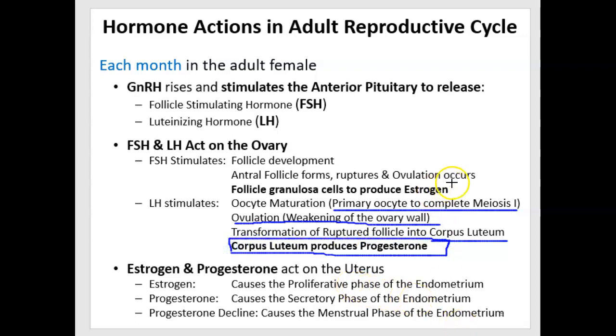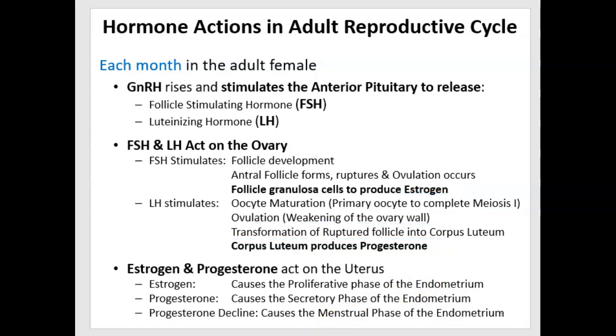Now, what do estrogen and progesterone do to the uterus? How do they act on the uterus to prepare it for this hopefully fertilized oocyte that's just been released? Estrogen will cause the endometrium to enter what's known as the proliferative phase.